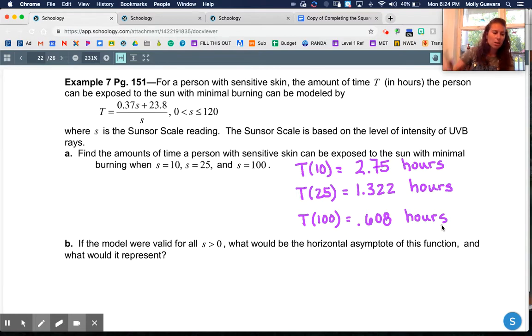Okay. So basically, it's just asking me for the horizontal asymptote. So I'm going to look at this function, and is it top heavy, bottom heavy, or balanced? And hopefully, we see that the function is balanced.